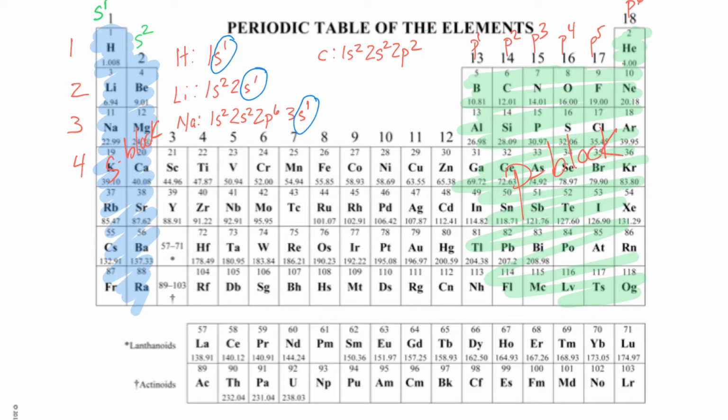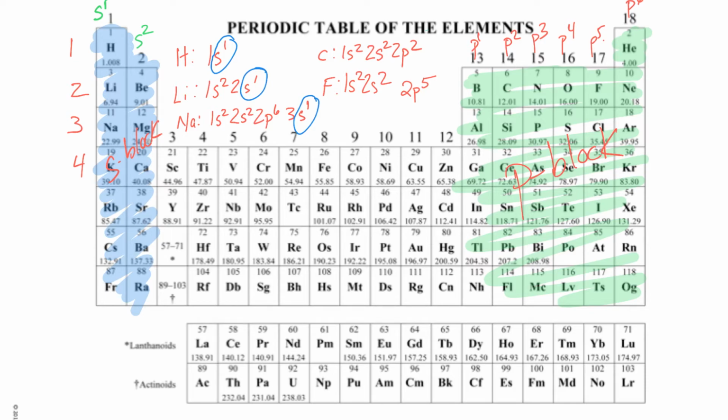In the same way, if I were to write the electron configuration for fluorine, I know that it will end in 2p5 because it is in the second row and the 5th column of the p block. So then I know it's 1s2, 2s2, 2p5 for the electron configuration for fluorine.